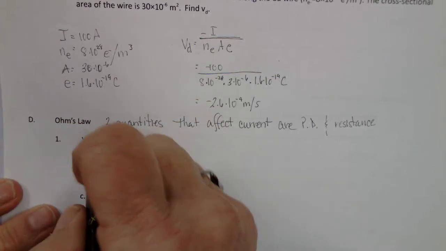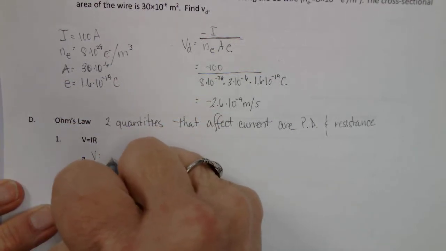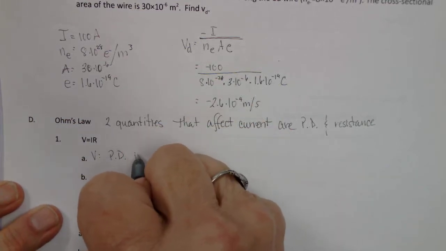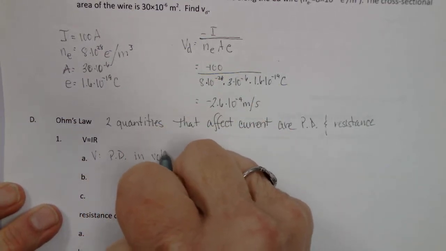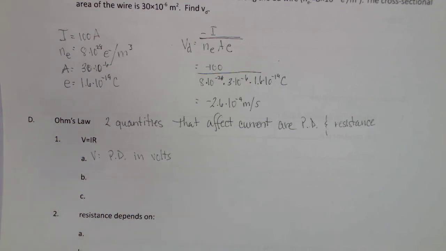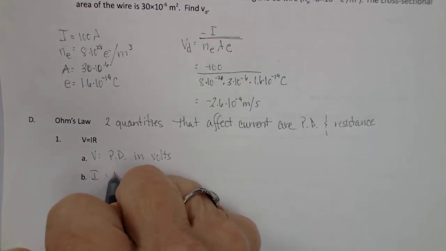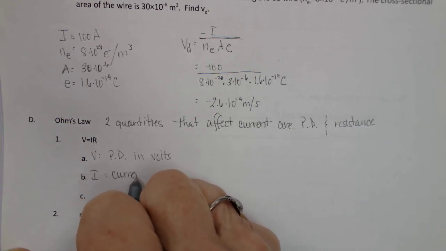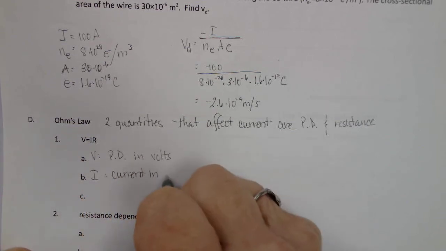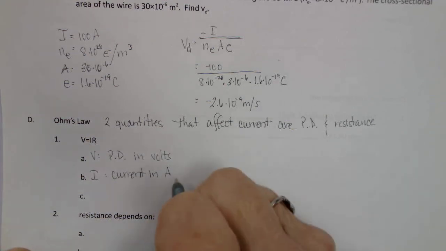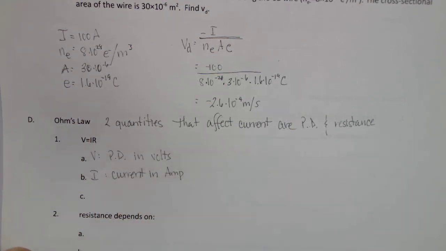So in my V is equal to IR equation, V stands for potential difference, and potential difference is measured in volts. And hopefully you know by now that when I say PD, I'm talking about potential difference. I is current, and current is measured in amps or amperes with a capital A. I'll put amps just so that you know that that's what I'm talking about.